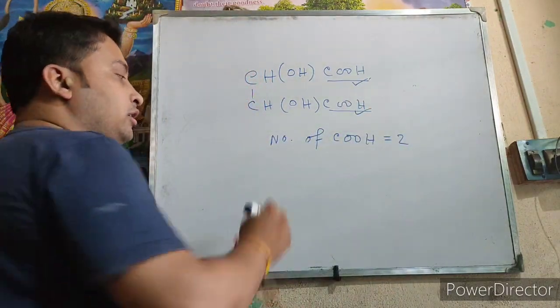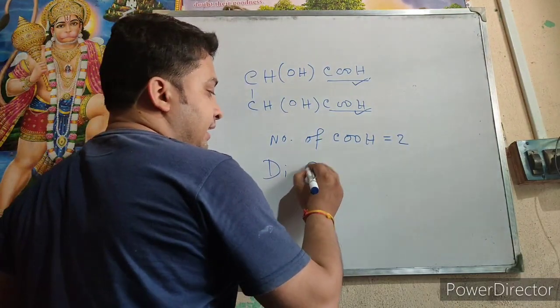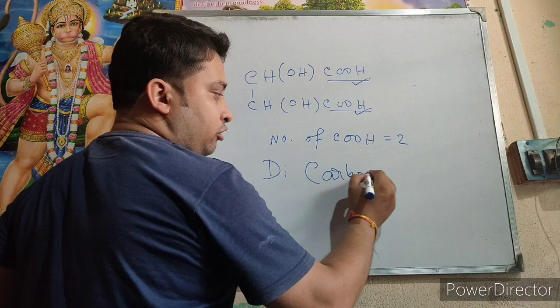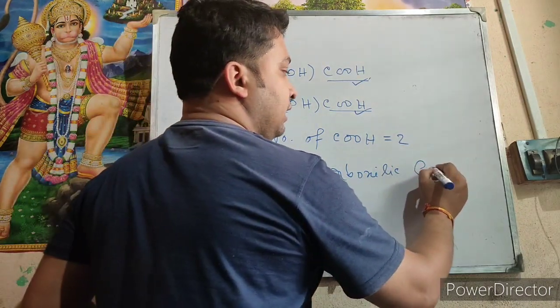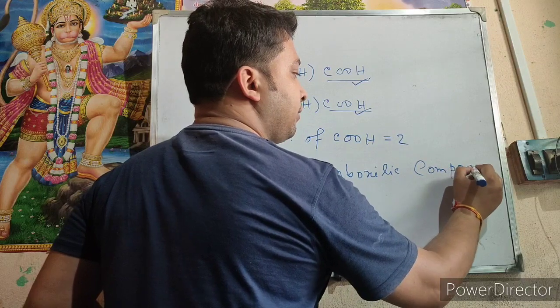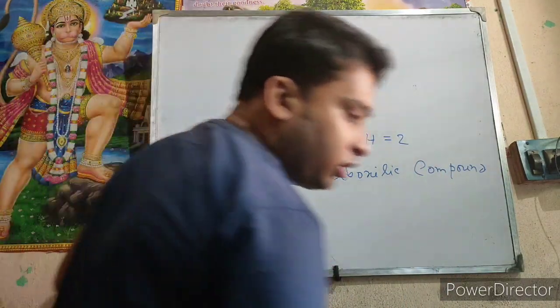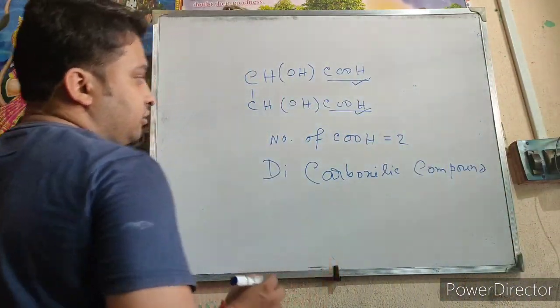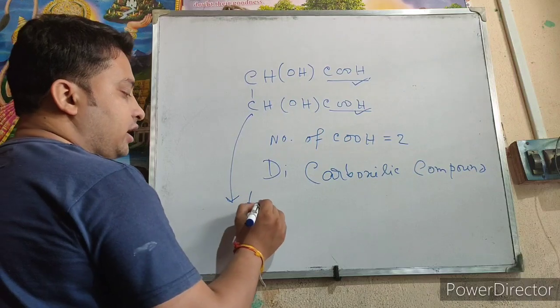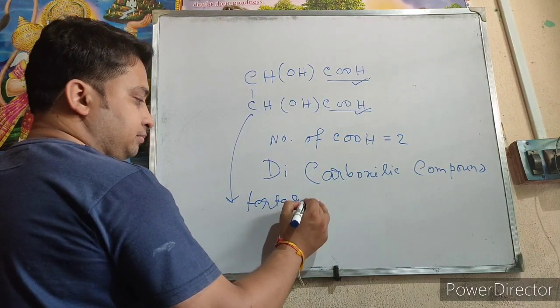So this is also called a dicarboxylic compound. This is the example of tartaric acid.